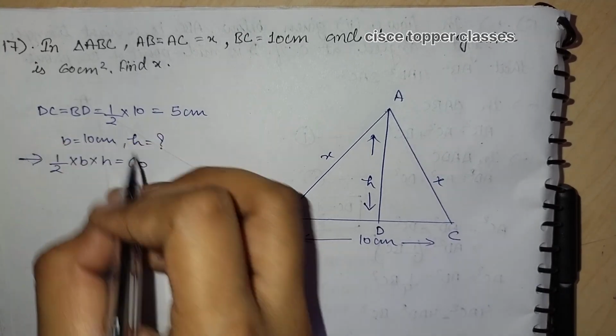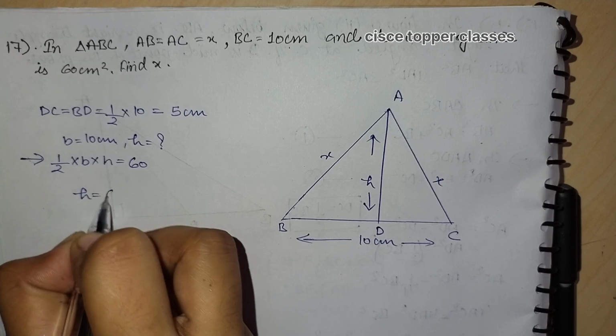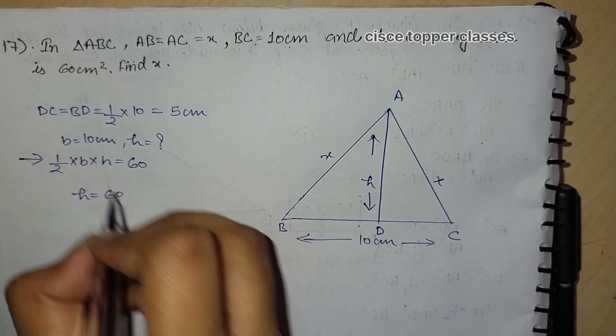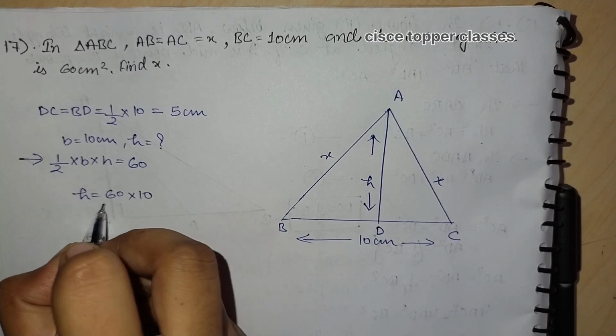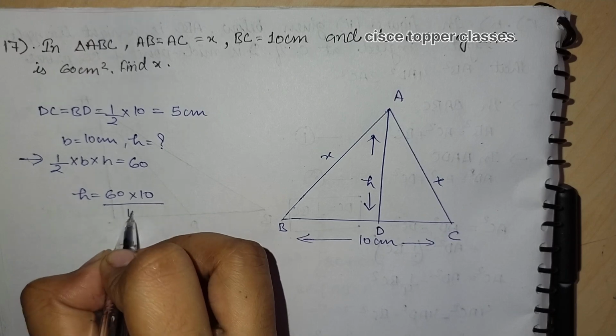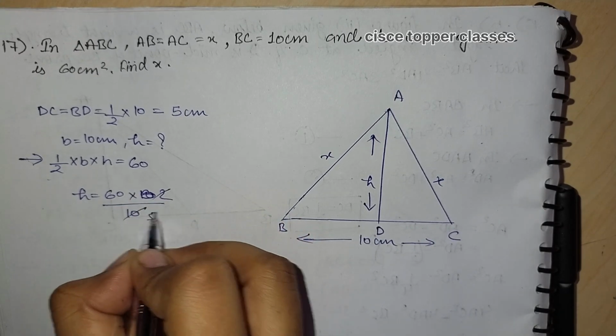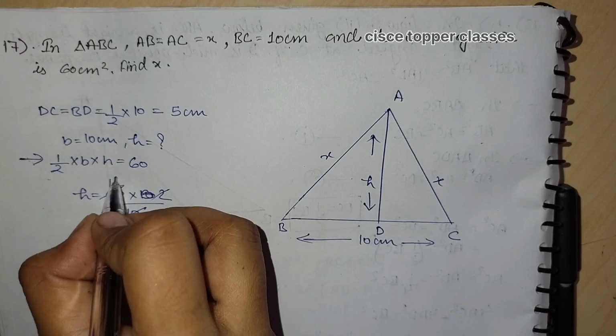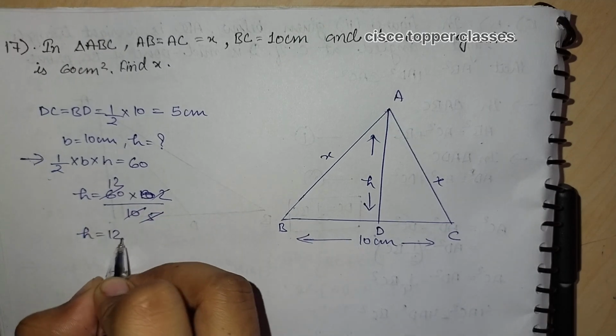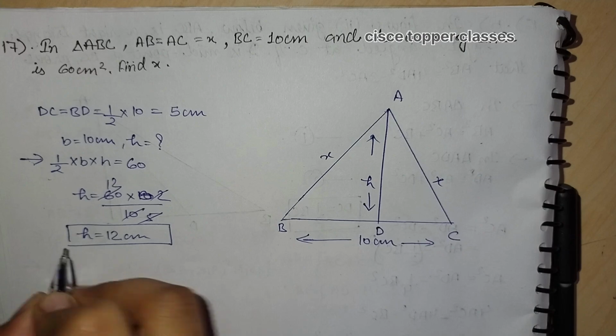This is 60 centimeter square here. From this we can simply find the value of here base is 10 centimeter. We will put the value here as division by 10 and into by 2, because this will go this side and this will be cancelled out, and here we will get as 12. So height is equal to 12 centimeter. From this formula we have found.